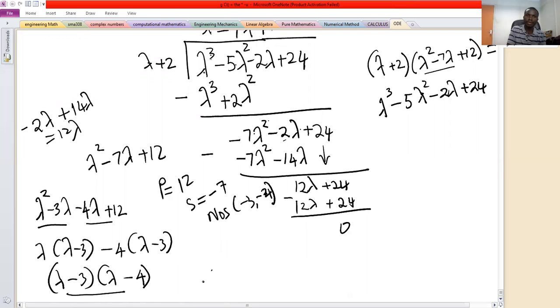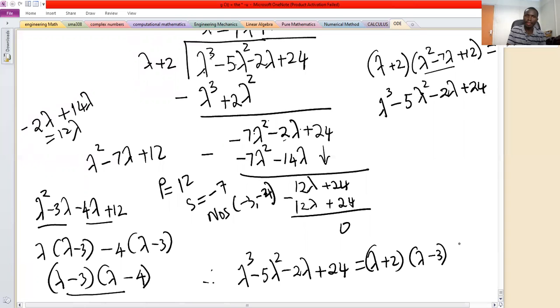So therefore, lambda cubed minus 5 lambda squared minus 2 lambda plus 24 is equal to lambda plus 2, lambda minus 3, lambda minus 4, and this was equal to 0.